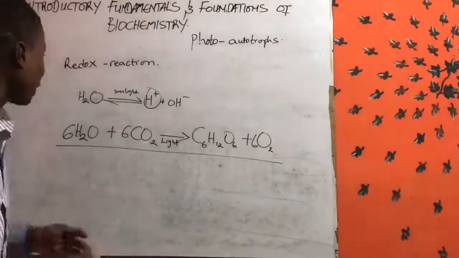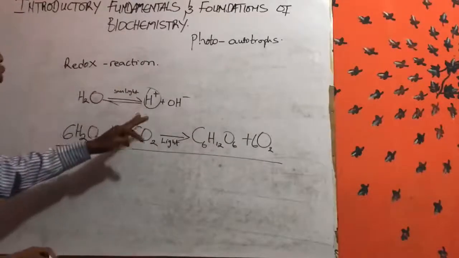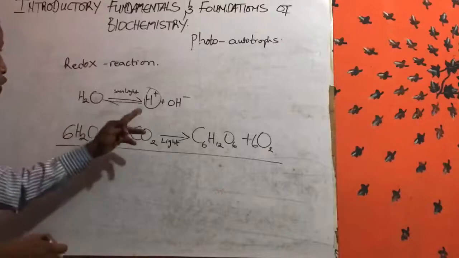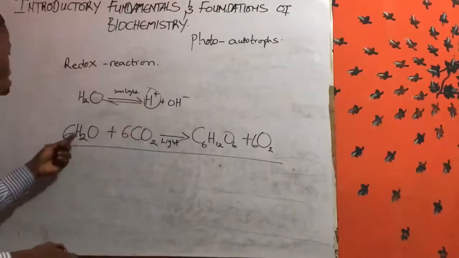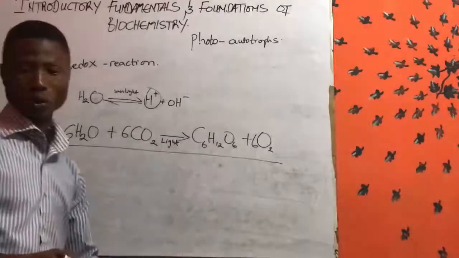That corroborates the fact that water is split here. The hydrogen is used as electrons to drive the reduction of carbon dioxide to sugar.